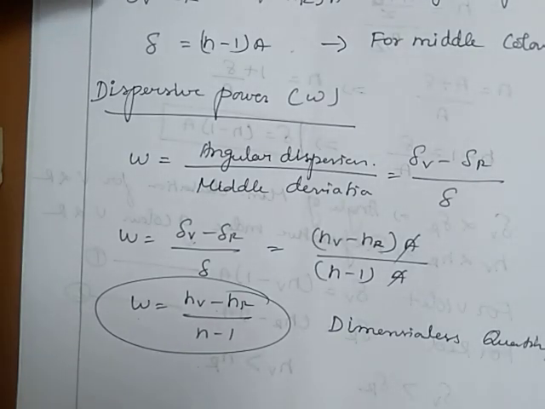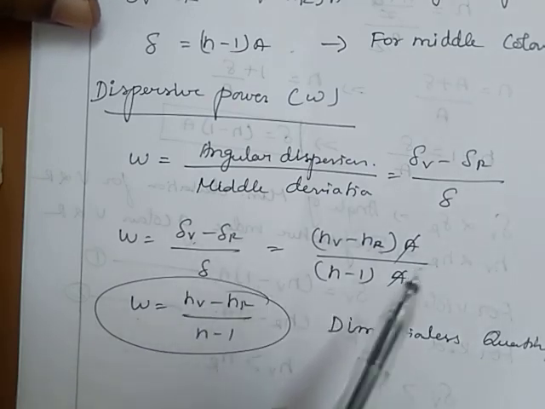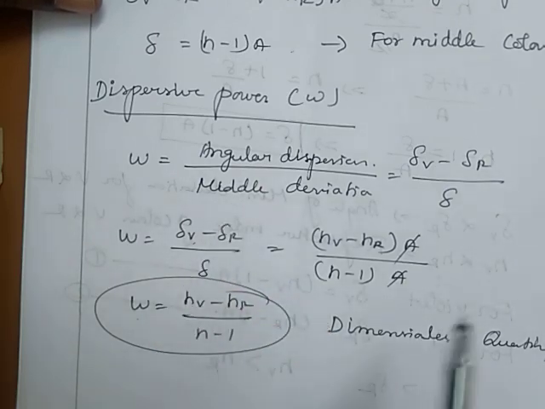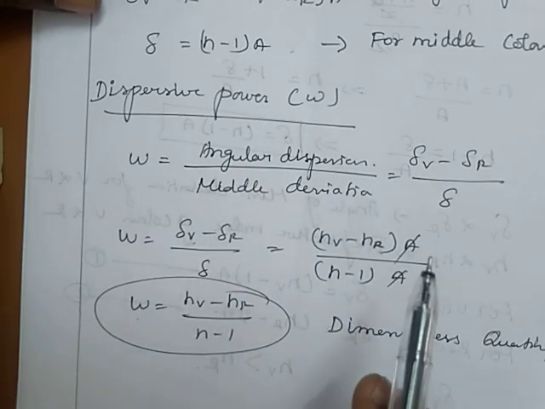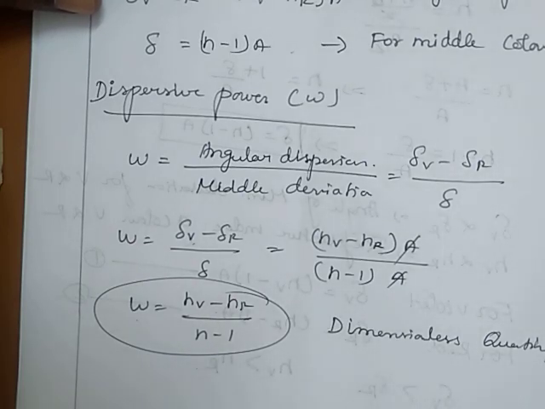Dispersive power is the ability of the material to produce dispersion. The dispersive power of vacuum will be 0 because no dispersion occurs in a vacuum. Why does dispersion occur in a medium? Because of the change in speed of the different colored wavelengths and also the change in refractive index of the different colors in the material.